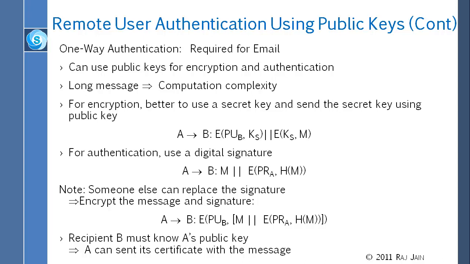So for encryption, it is better to use a secret key, and then protect the secret key using the public key. So A to B: here is the secret key KS, which is encrypted with the public key of yours. This you could not do if you didn't know the public key of B. If I didn't have your certificate, I cannot send you an encrypted email.